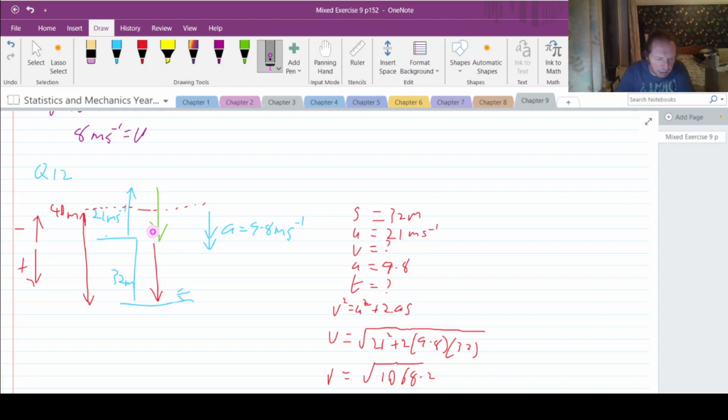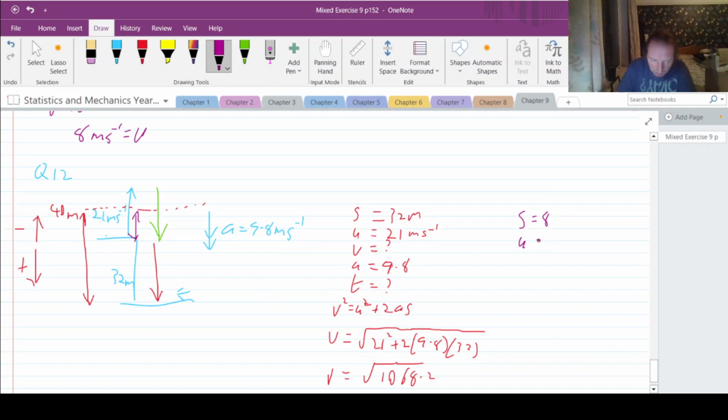Let's make some choices here. I think what we'll do is find the section that goes from here to here, but we first need to break this 21 meters a second down. How slow have we got after that first 8 meters? If I consider this part of the stone throw and put up suvat for that, my distance is 8 meters going from 32 up to 40.